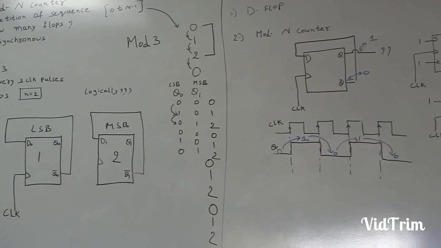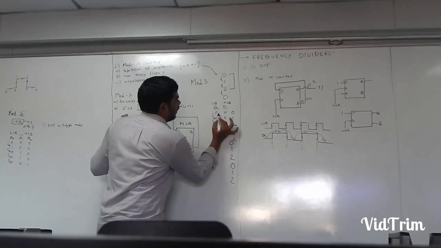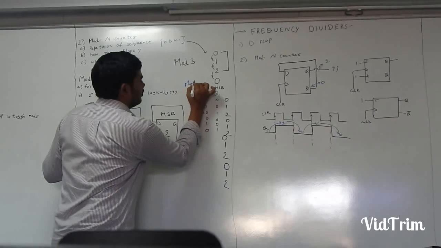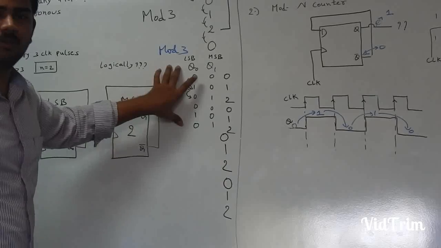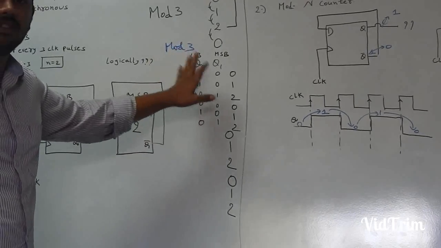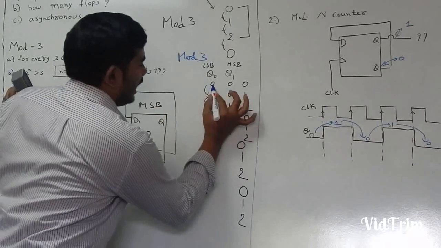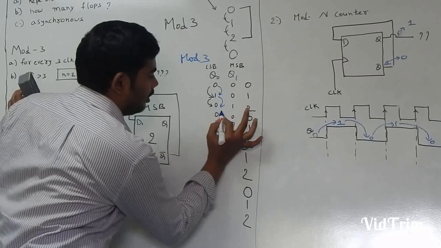And now we'll come to designing of this counter. See, 0 0, 0 1 and 1 0. This is mod 3. Okay. So in detail we'll discuss mod 3, and by this you should be in a position to design any mod counter. So LSB is toggling. 0 is changed to 1 and 1 is changed to 0.